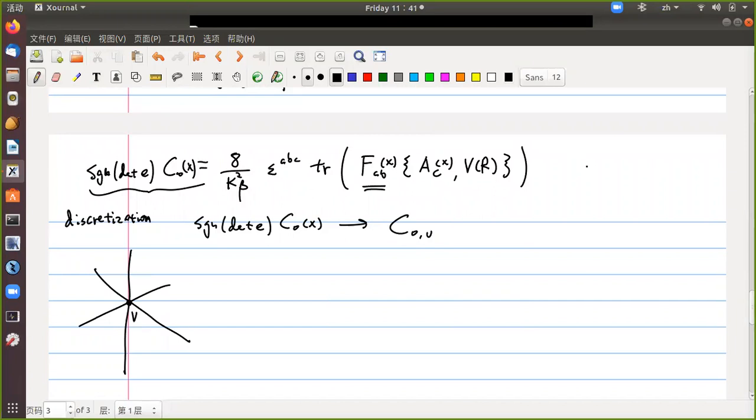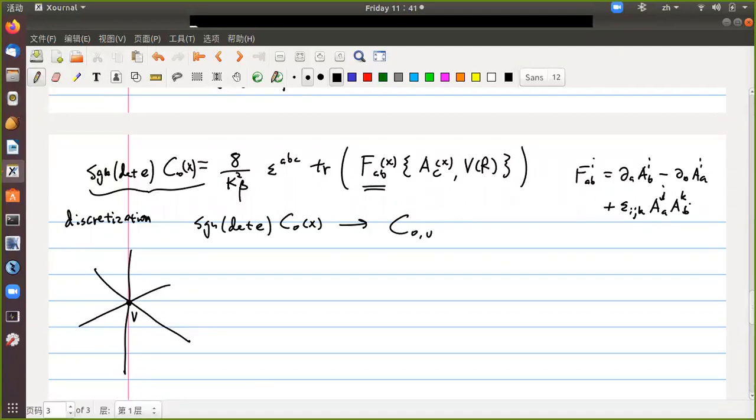F_AB equals partial_A A_B minus partial_B A_A plus epsilon_IJK A^J A^K.